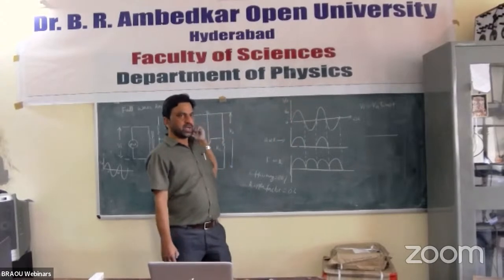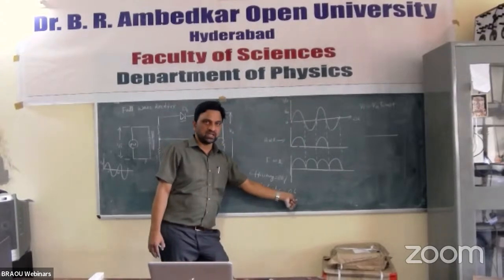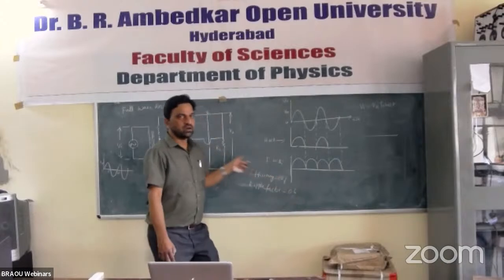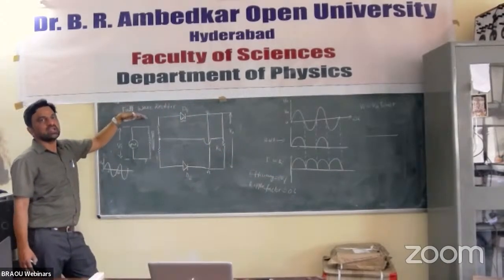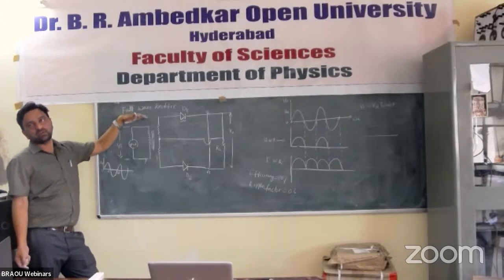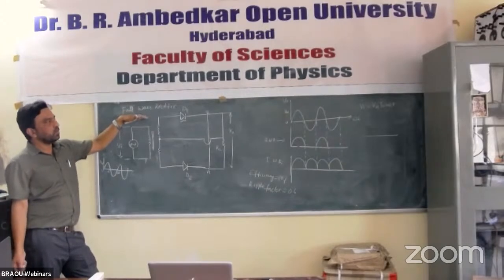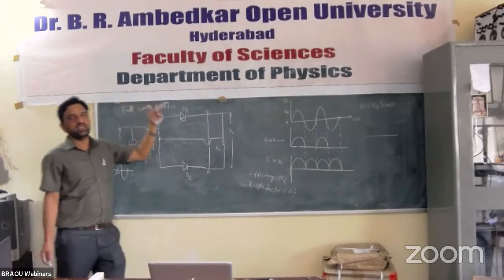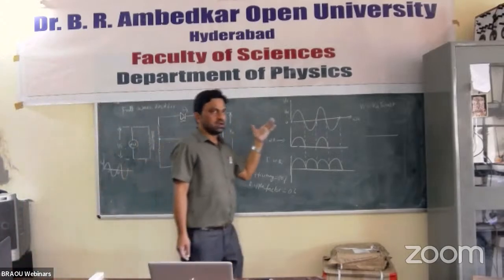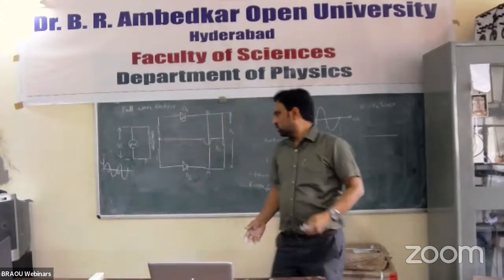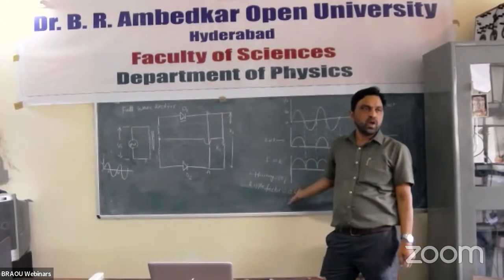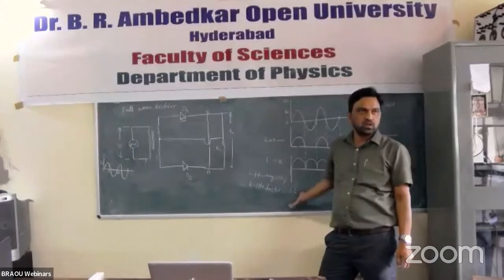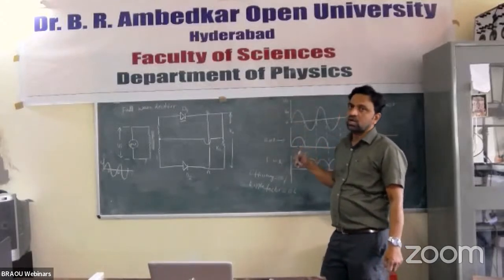When we have used this one, it has come to 0.6. So that is why we are taking a full wave rectifier instead of a half wave rectifier. So this is the main difference you have. Efficiency has been increased 100% and the ripple factor has also decreased mostly. So 0.6, like that it has decreased. So this is about the full wave rectifier.